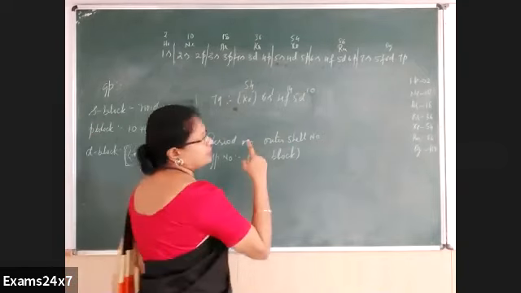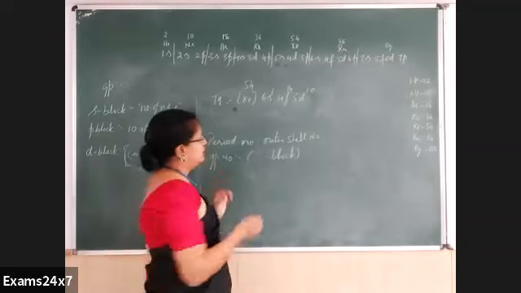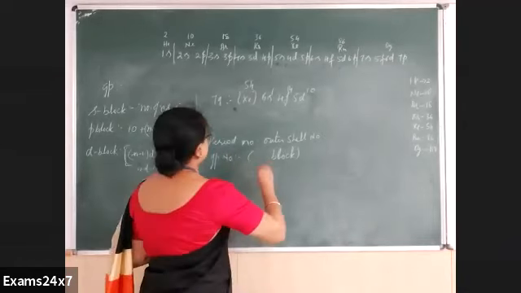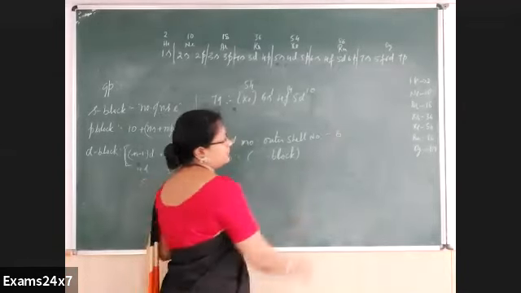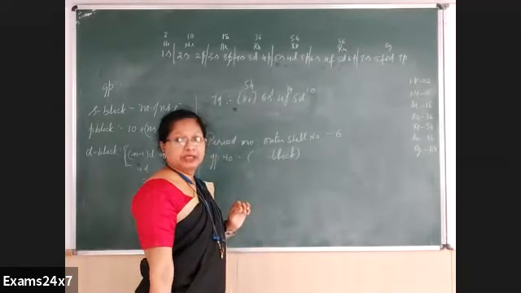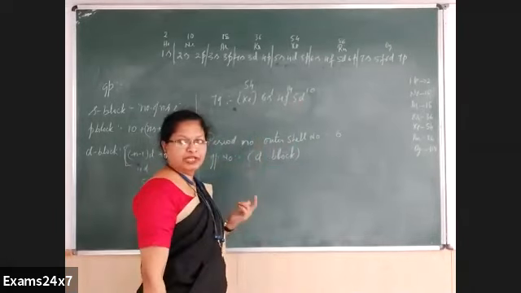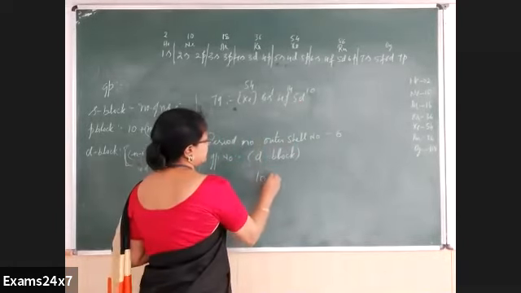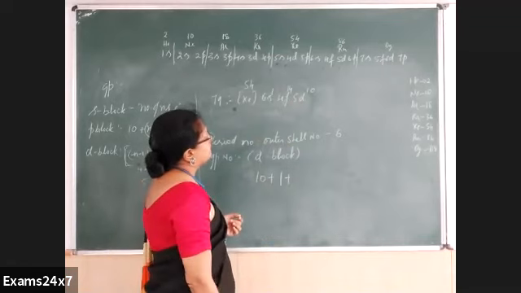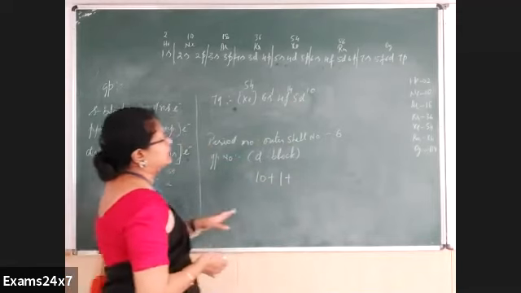So which block? The differentiating electron goes to which orbital? Period number is 6. Block: the last electron we have put in the d orbital, d block. For d block, it should be 10 plus s plus p, right?